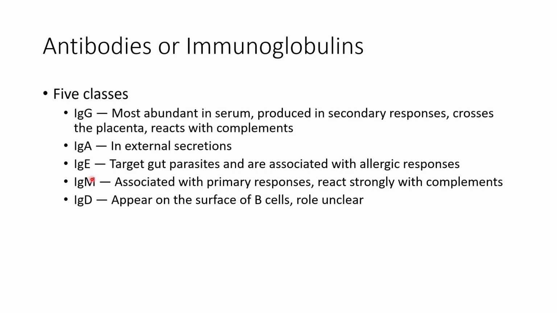They react strongly with complement, but they're not nearly as fast. So you start out first making M antibodies, and then on the second exposure, you would make G antibodies. And then D, we don't quite fully understand what D antibodies are, other than to say that we find these ones, they tend to be attached onto our B cells.